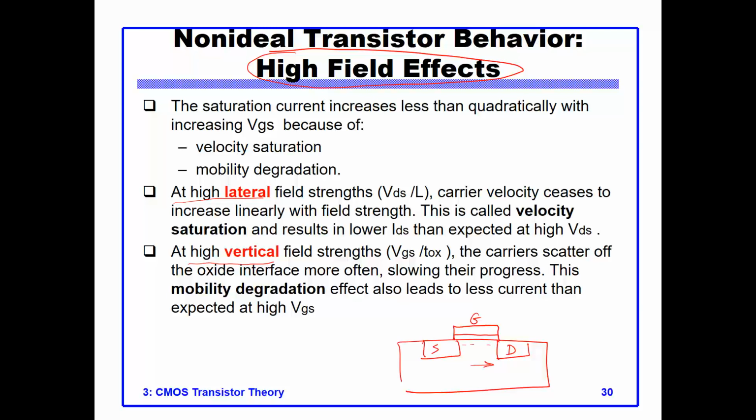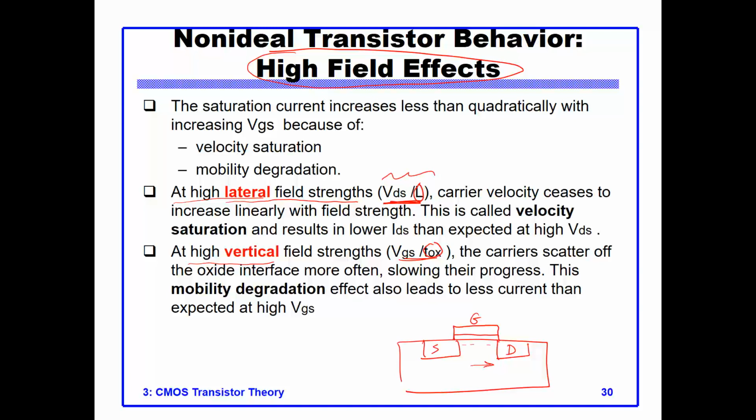Now, when we make these devices smaller and smaller, L and TOX get smaller, and this electrical field, which is the result of dividing voltages over this physical distance, increases dramatically, so much so that you reach very high values and the behavior of the device starts to deviate.